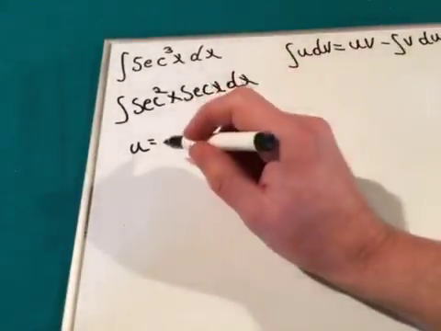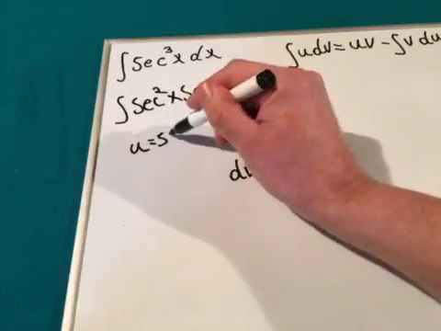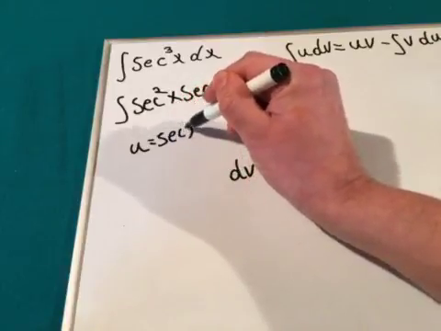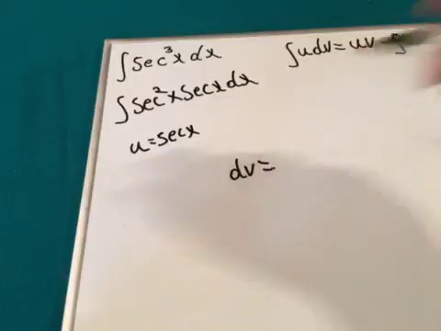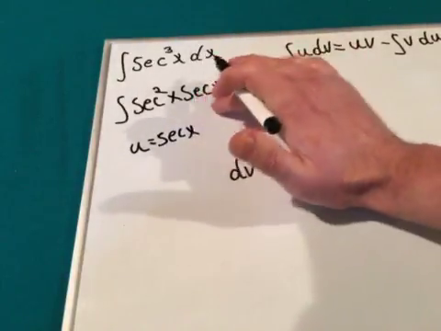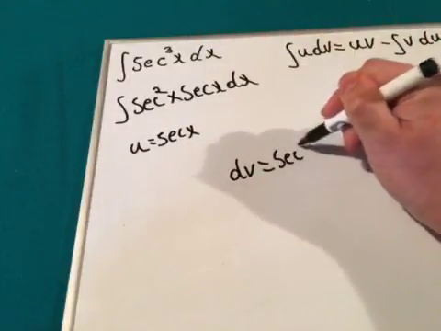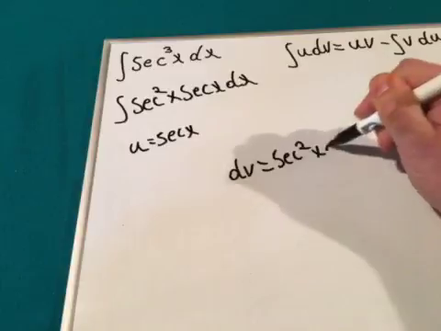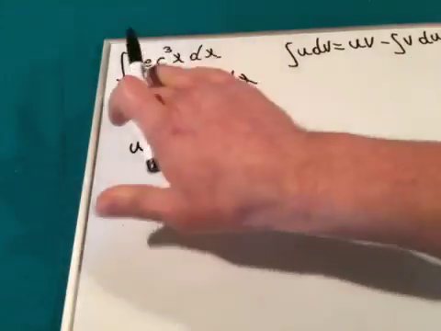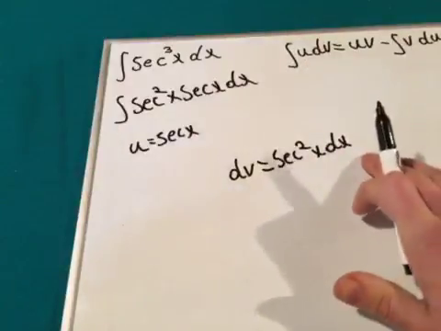So if we let u here be secant x, then dv is forced to be whatever's left. So if u is secant, then dv has to be secant squared x dx, right? It's everything that's left inside your integral, including the dx.